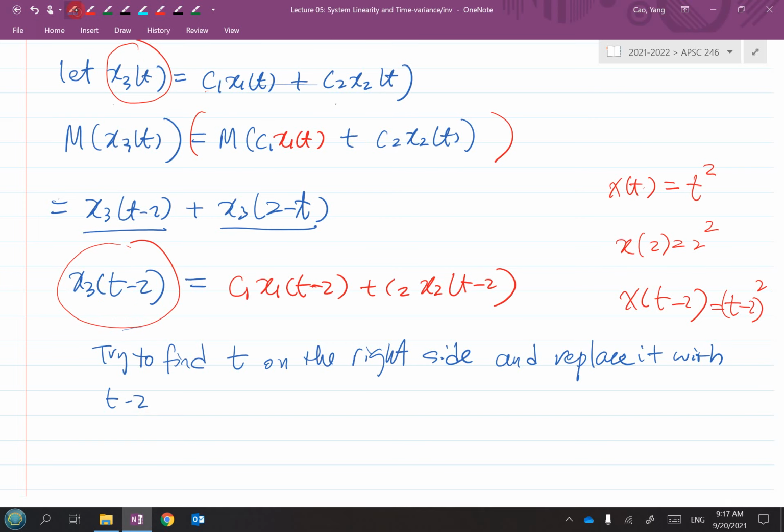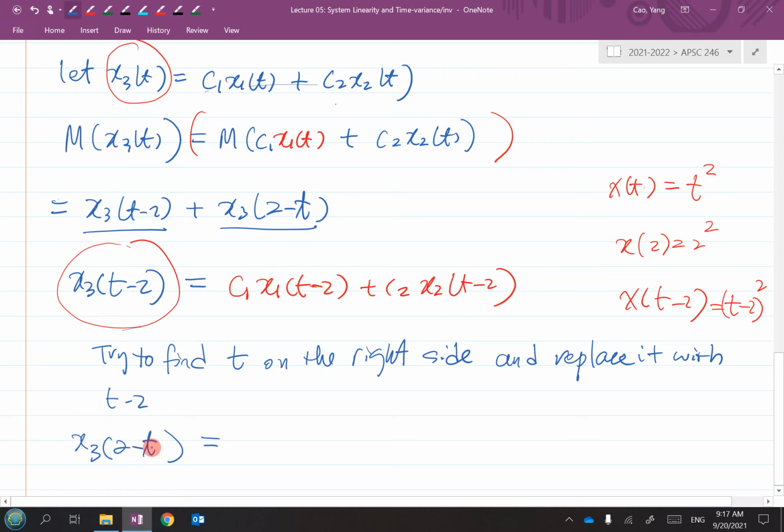Okay, so now I have x3, so then you can try x3 of 2 minus t. It's equivalent, right? Doesn't matter how complicated the replacement is supposed to be.